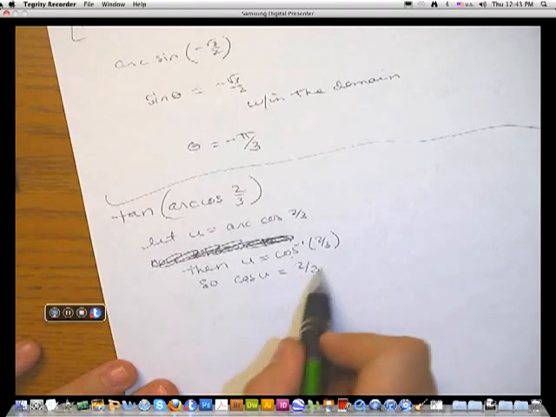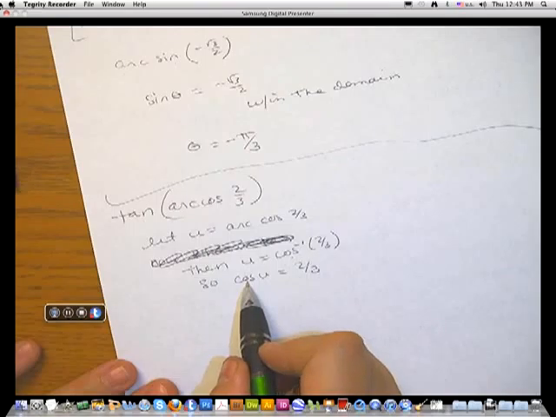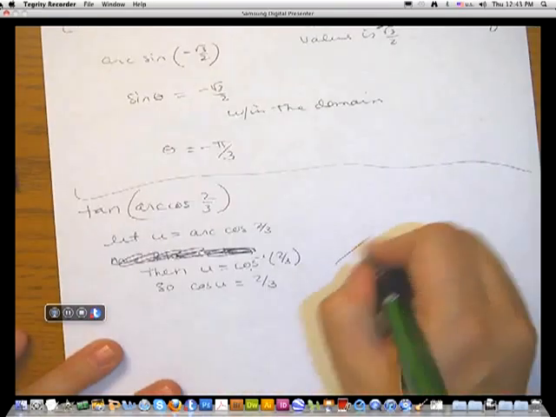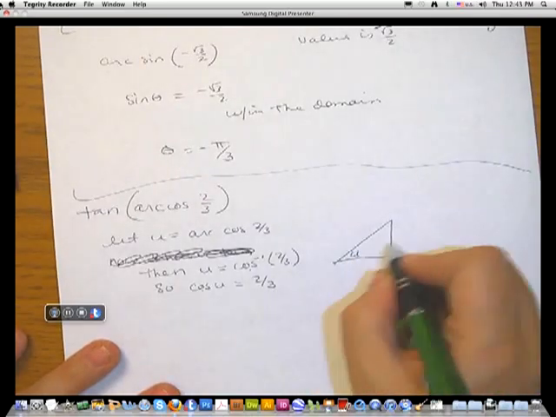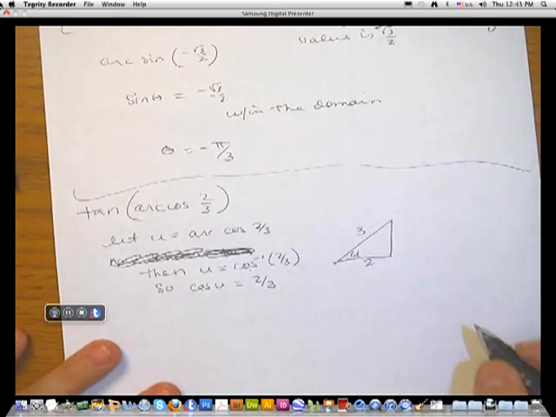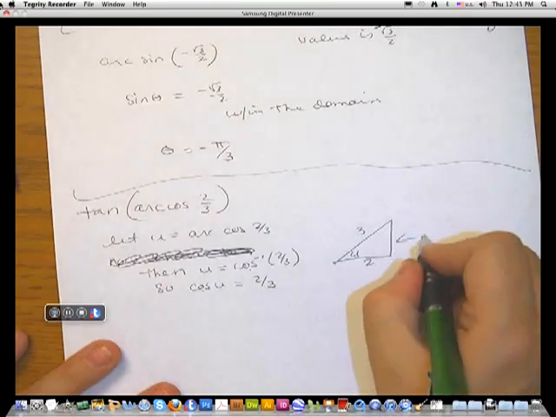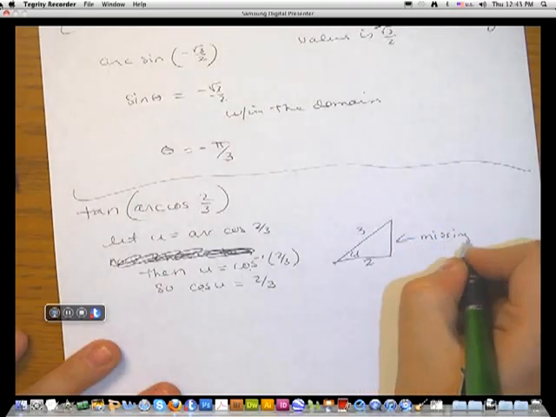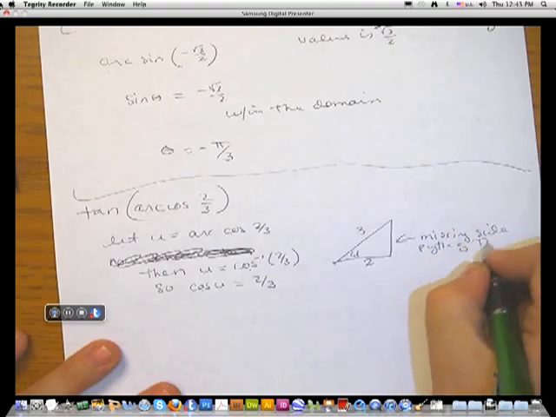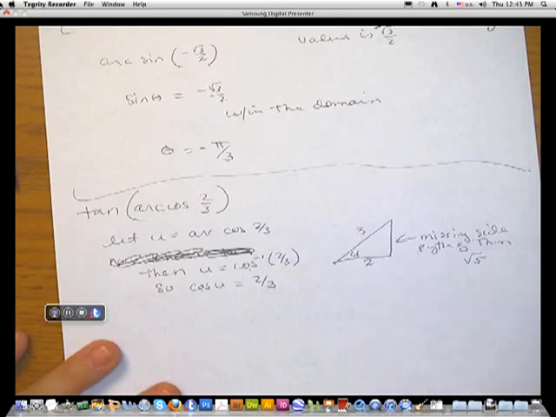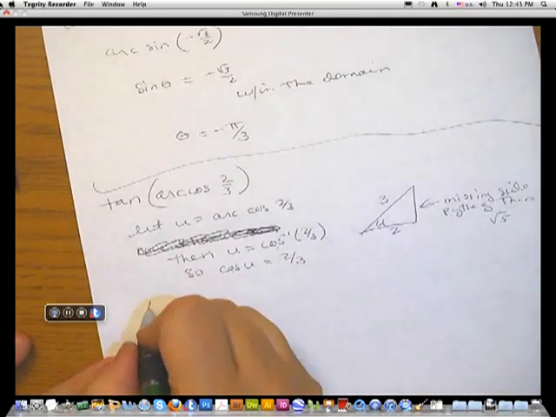Well, if I know my numbers and I know my function, I know my triangle. Here's u, cosine is 2/3. This missing side, by Pythagorean theorem, is √5.